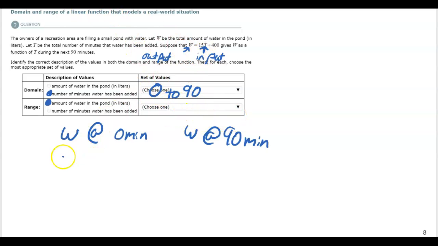So let's go ahead and put in when T equals 0.